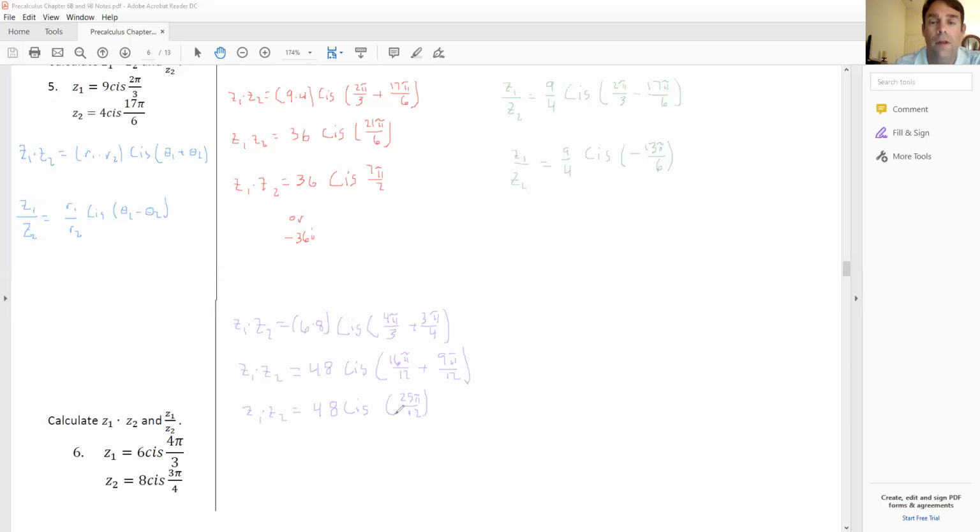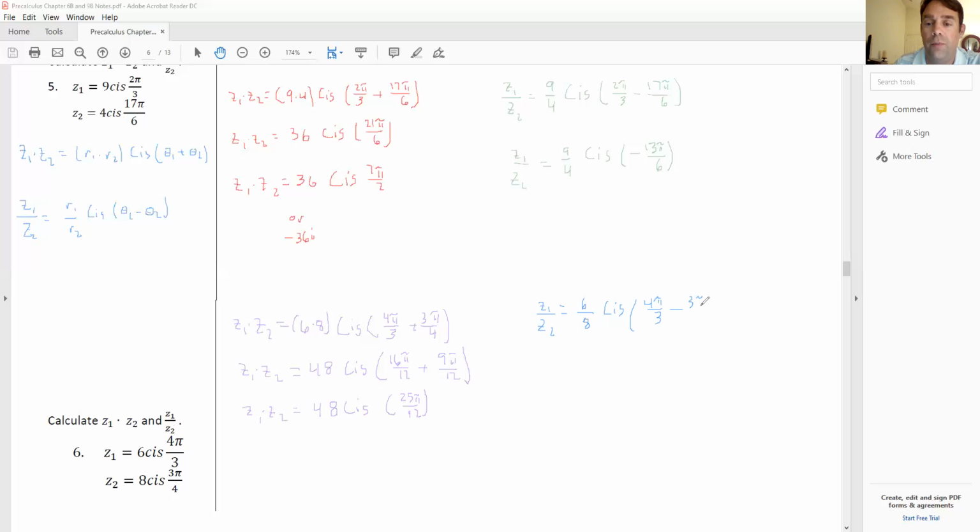All right. Now, let's go ahead and finish this up here. Okay. And now we're going to go ahead and divide them. So Z1 divided by Z2. That would be 6 divided by 8 cis 4 pi over 3 minus 3 pi over 4.